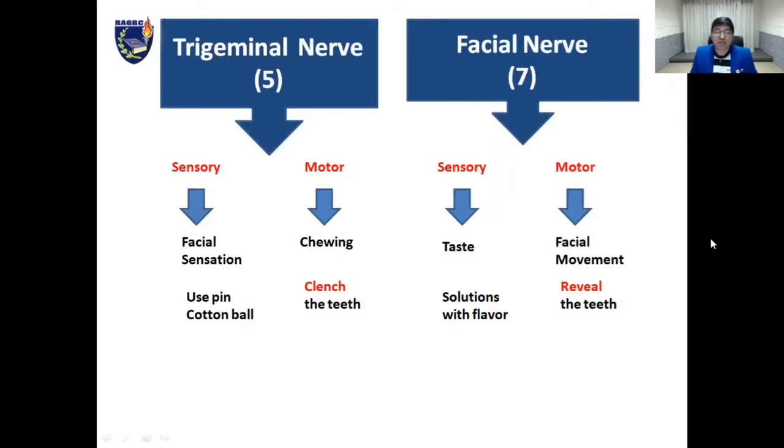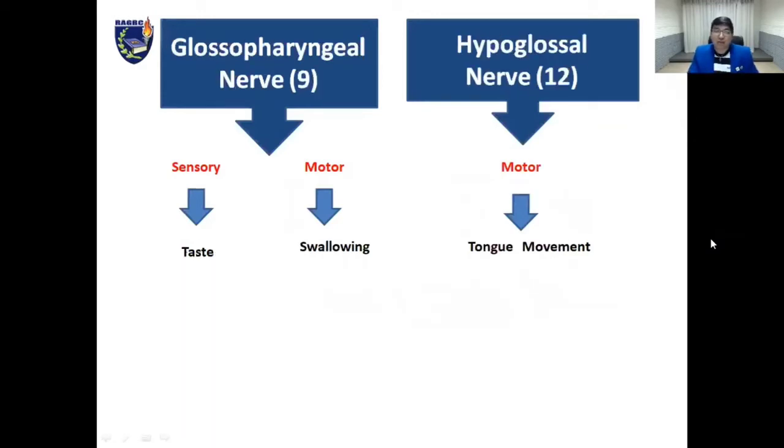So if we ask the patient to clench the teeth, we're assessing the trigeminal nerve or cranial nerve 5. If we ask the patient to reveal the teeth, we're assessing cranial nerve 7 or the facial nerve. Now, let's also differentiate the glossopharyngeal nerve, which is cranial nerve 9, and the hypoglossal nerve, which is cranial nerve 12. The main difference lies in the fact that cranial nerve 9 is a mixed nerve.